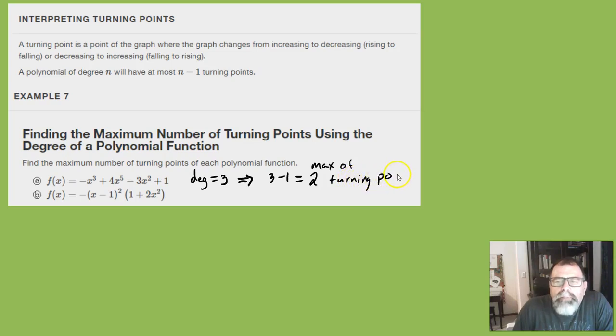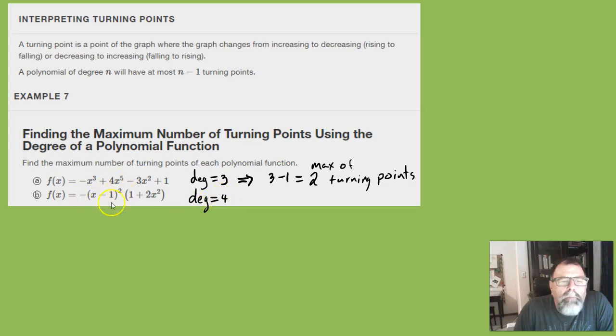So you can have up to 2 turning points. Now remember, if you were to multiply this out, this is a multiplicity of 2, and we have to be careful, we've got x squared here, so we've got 2, 3, 4, so this is degree 4.